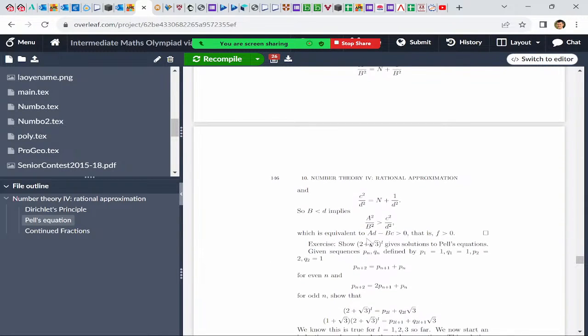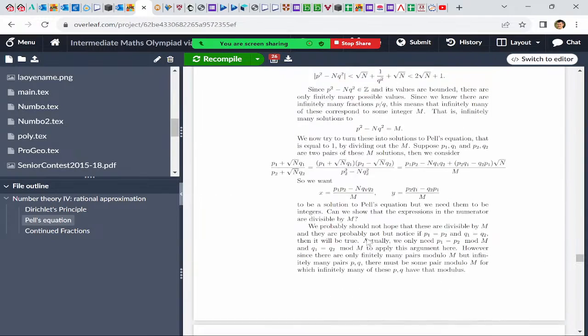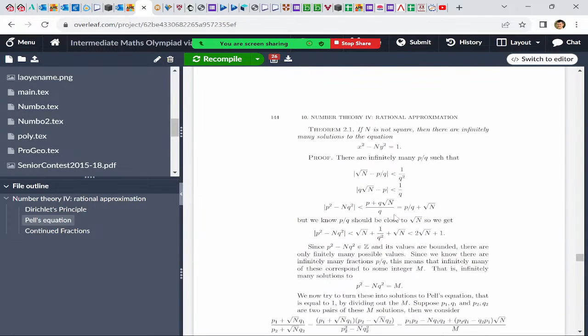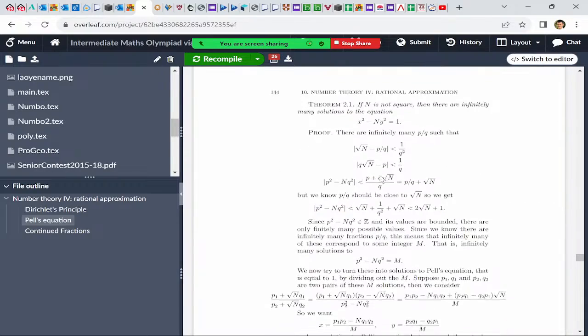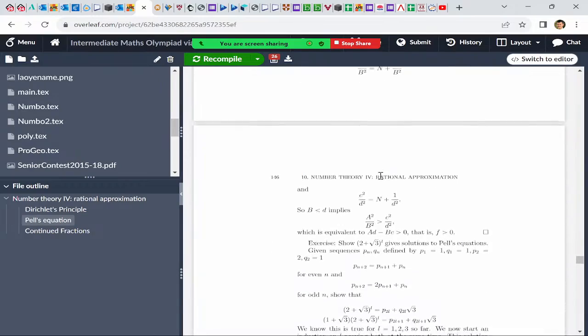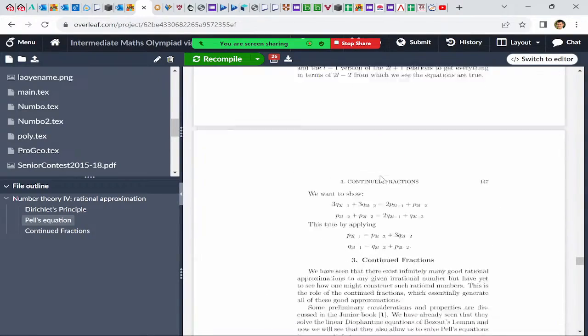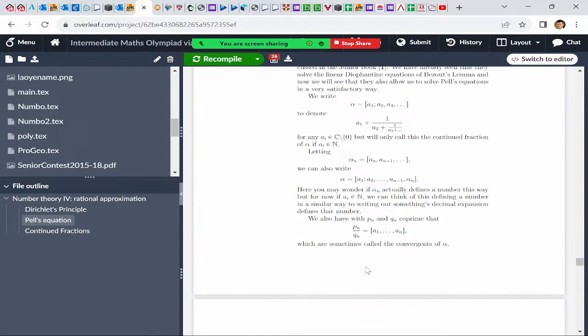We've also proved that every solution to Pell's equation has to be given by one of these good approximations, okay? So they're all within 1 on 2y squared of root n. And we also proved previously that anything within 1 on 2y squared of root n comes from a continued fraction.